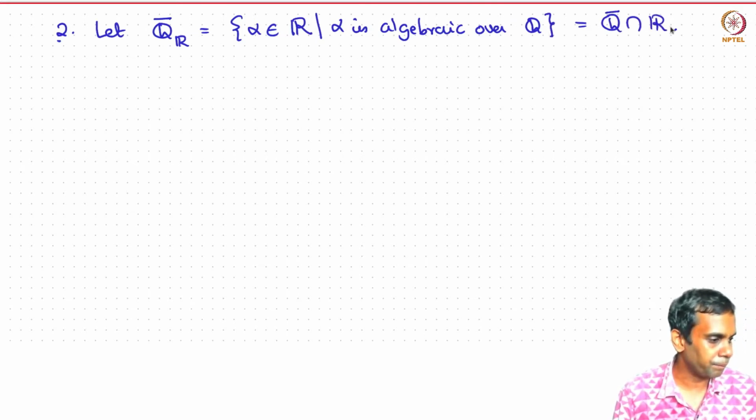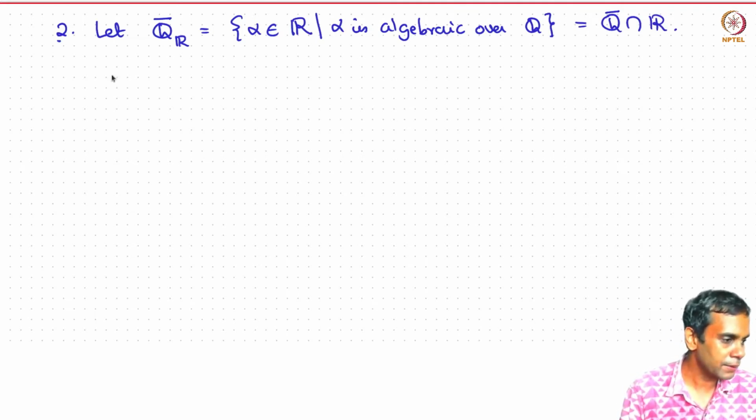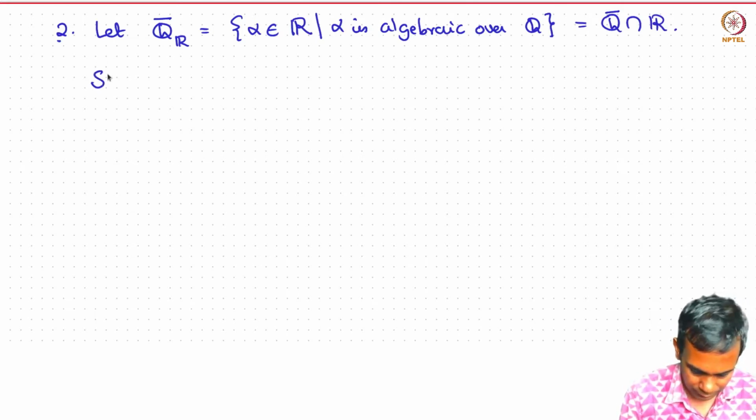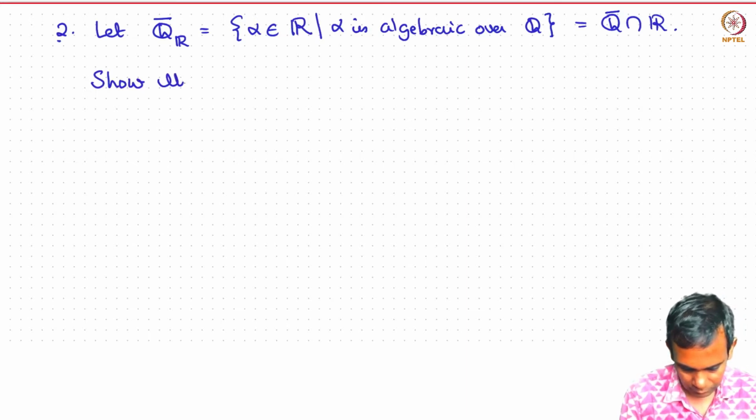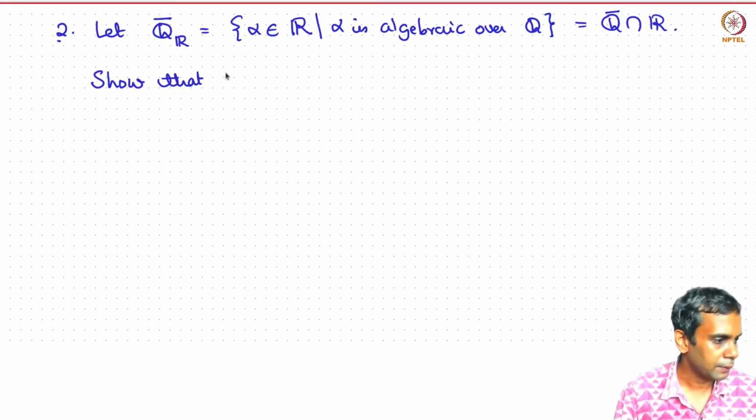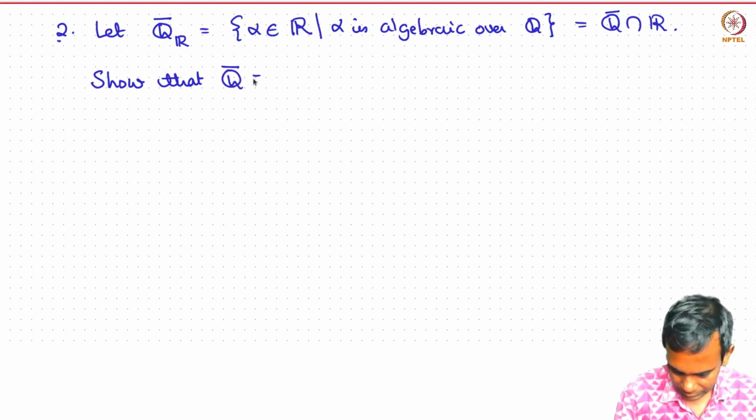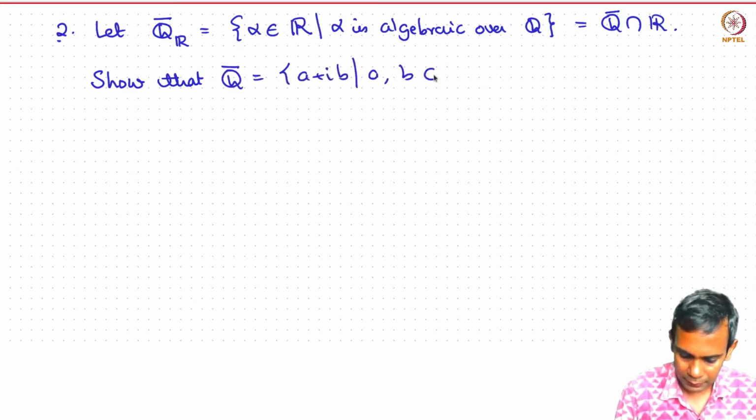The problem is to show that Q bar is equal to the set of a plus ib, where a and b belong to Q bar R.